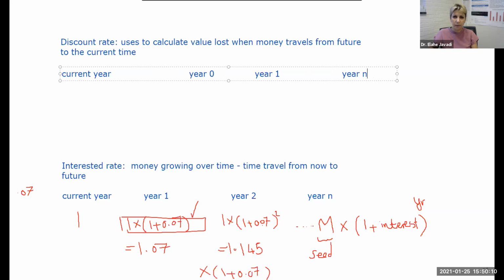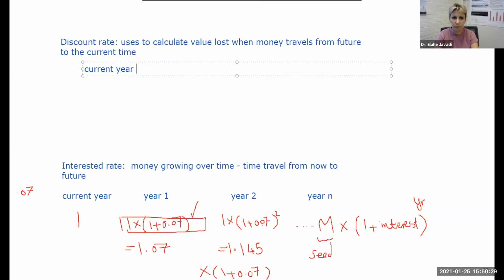This is what happens. So you're going to tell me I have $1 that I'm going to earn in our year. Sorry, I have to change this. But this is a wrong label. So current year, year 1, year 2, year n.